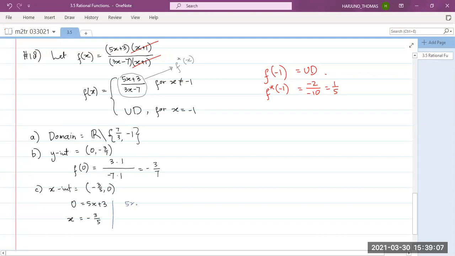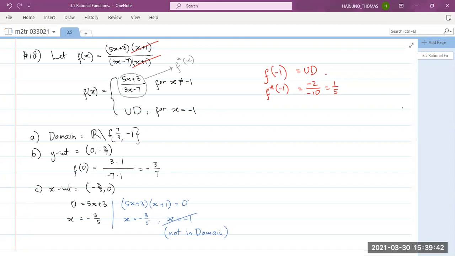You can also do it this way. 5x plus 3 times x plus 1 should equal 0. So we get x equals -3/5 and x equals -1. But I have to cancel x equals -1 because it's not in the domain. Think of it this way: we cannot ask this person to be our MC because he is not even on the invitation list.